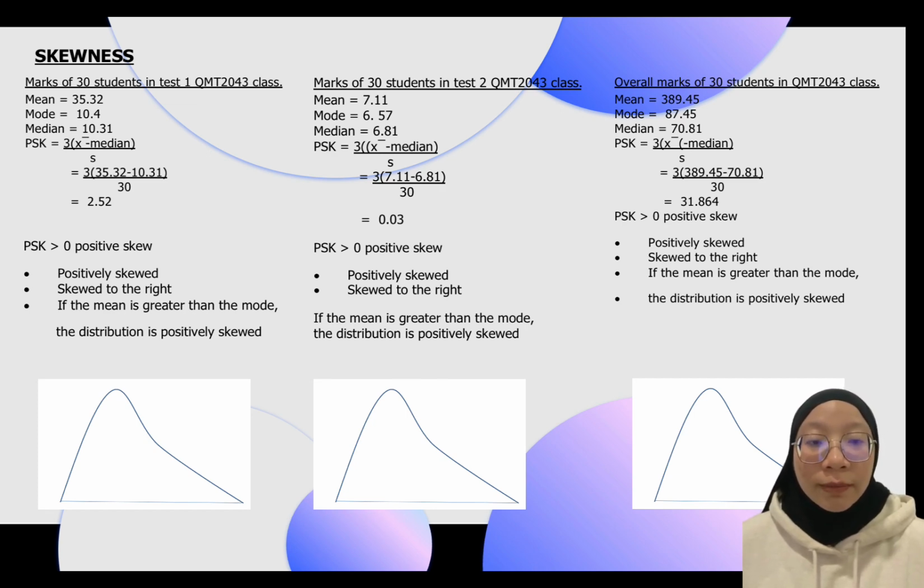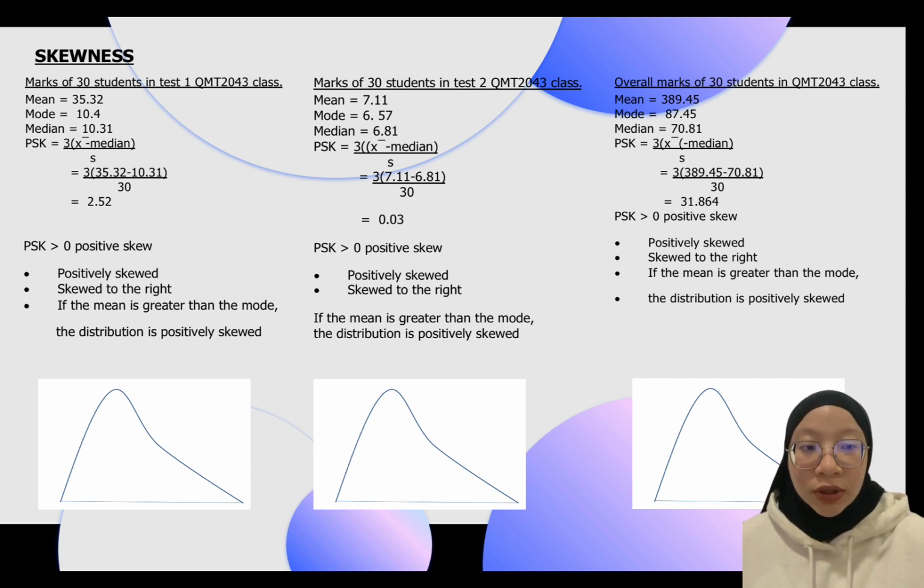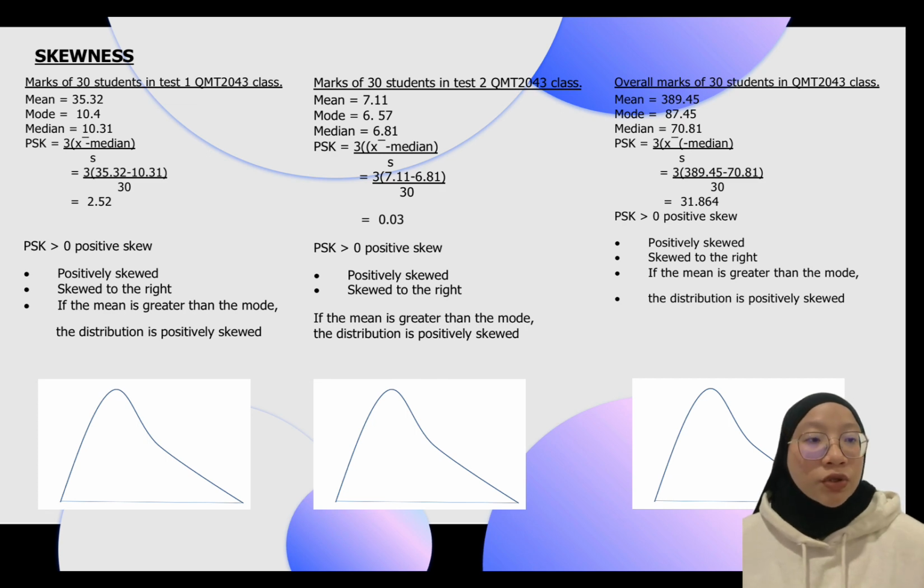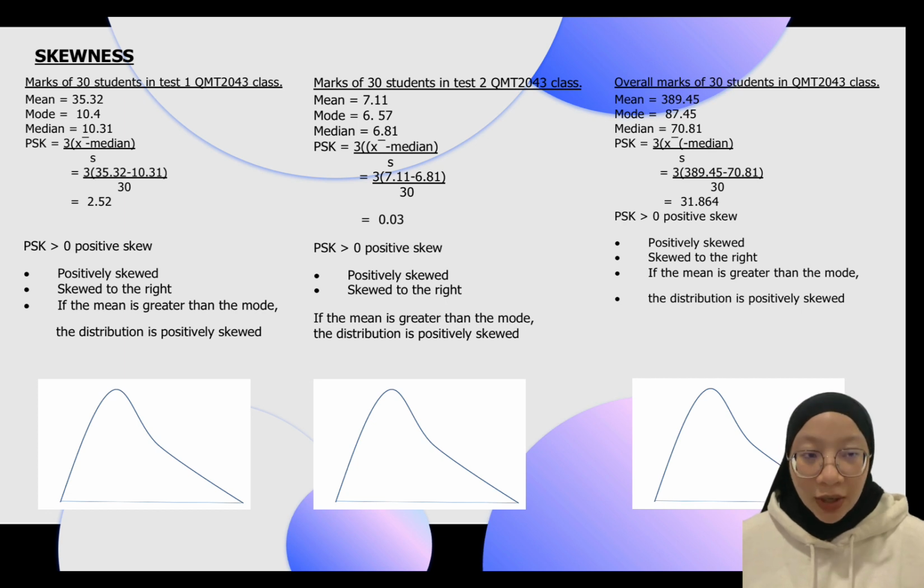The total we got for PSK is 2.52. So PSK is bigger than 0 and the graph is positively skewed because it skews to the right. If the mean is greater than the mode, the distribution is positive skew. This is the graph we got, which is positive skew.